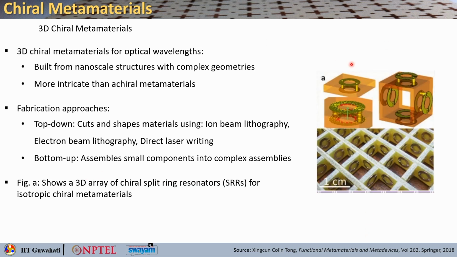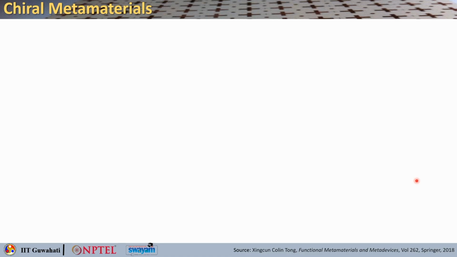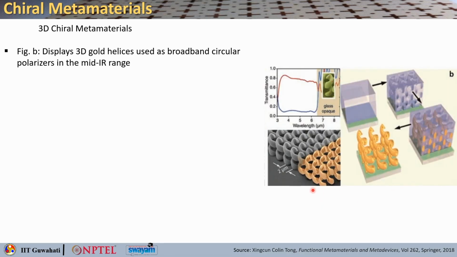So, here you can see one such 3D chiral metamaterial, which is basically a 3D array of chiral split ring resonators, okay, that forms an isotropic chiral metamaterial, right. Here is another example that displays 3D gold helices like this, that can be used as a broadband circular polarizer in the mid-IR range. Okay. So, this particular metamaterial can also be used for circular transmission conversion from LCP to RCP and vice versa.